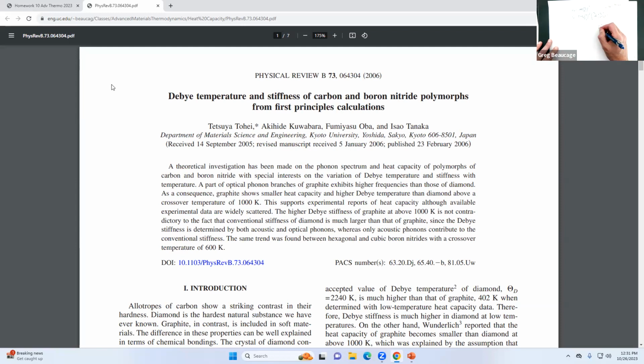Anyway, e to the x over (e to the x minus 1) squared, then times this thing squared times N k_B. So it's got this part and this part, and then it's got this 1 over T dependence, and there's no integral. So they're different, but they're kind of the same.